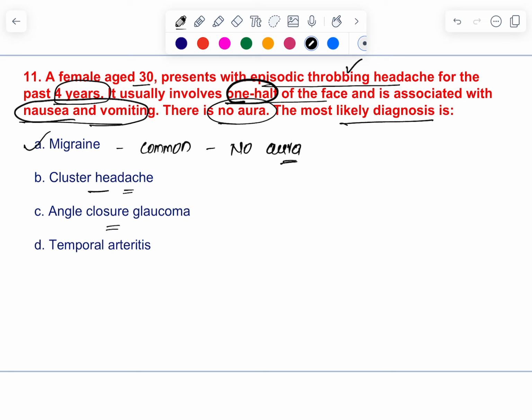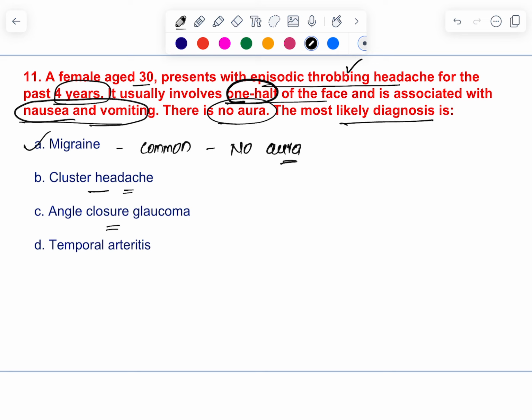Then you take acute angle closure glaucoma. In angle closure glaucoma, here also the pain will be retroorbital, and patients with glaucoma have a vertically dilated pupil with poor reaction to the light. So this entire picture is not there.